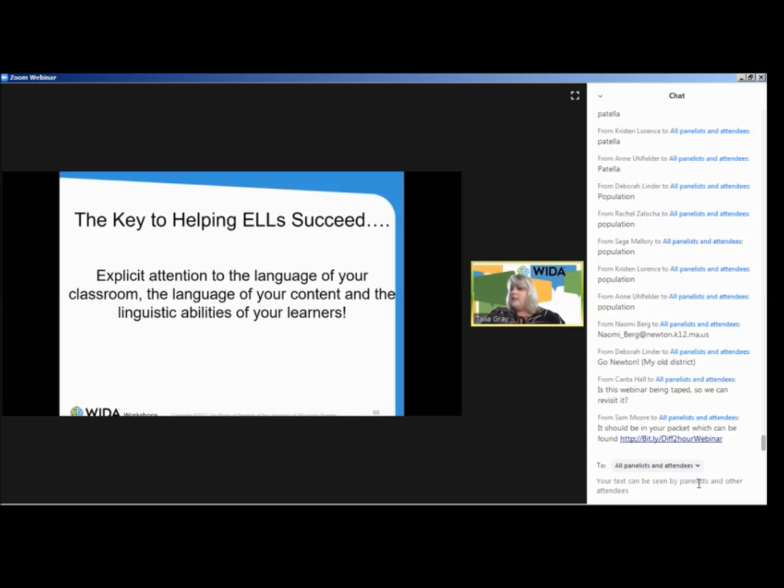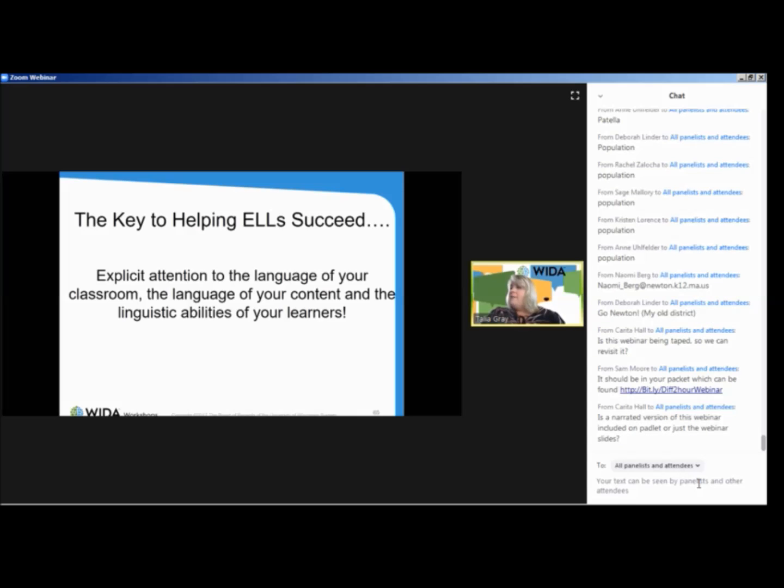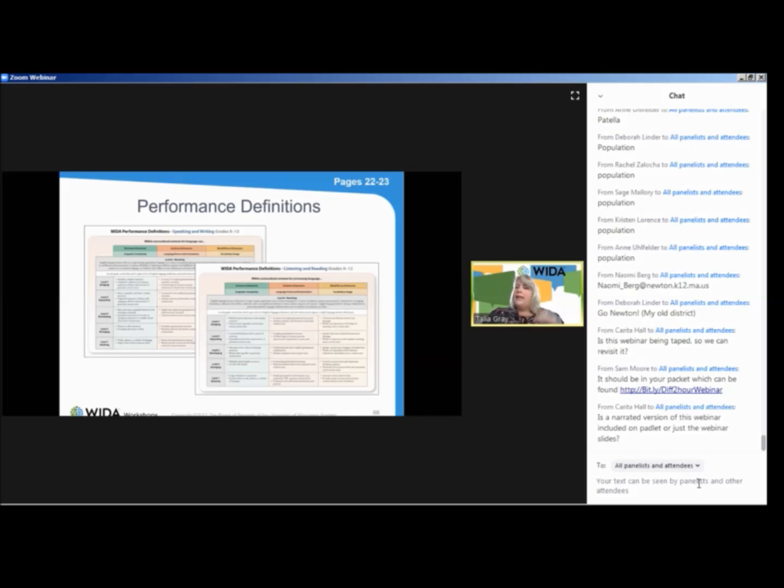All right, so that being said, I'd like to move on and start a discussion of WIDA's performance definitions. Now, these are on pages 22 and 23 of your participant handbook. And the performance definitions are a tool to inform educators on what students can linguistically process and produce as they move along a language trajectory.